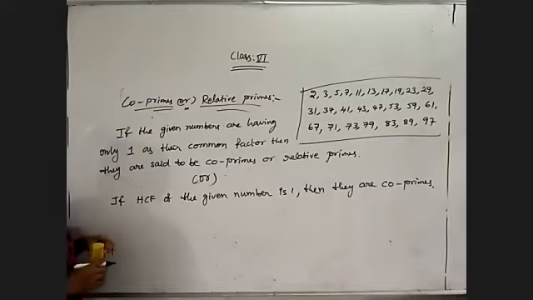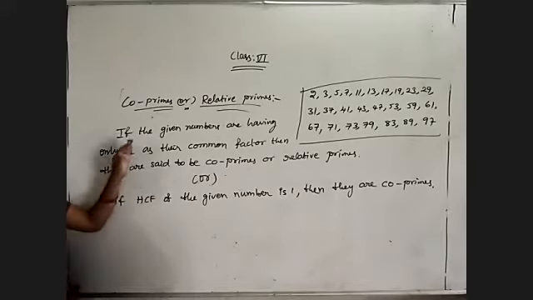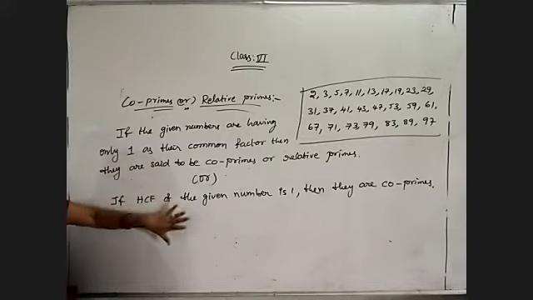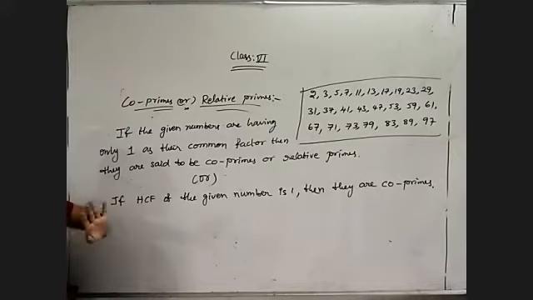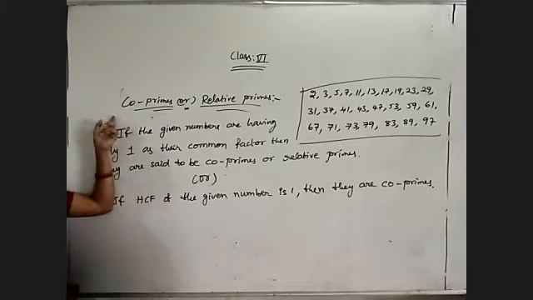And after this topic, we have twin primes. Just as I told you, whenever we take composite numbers also, they can become co-primes. So not only prime numbers, composite numbers can also be co-primes.